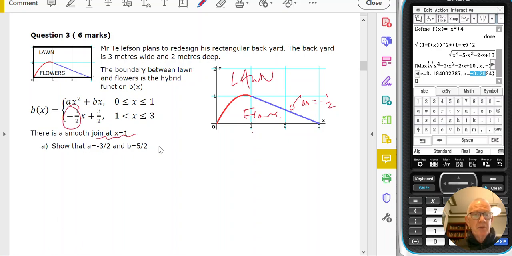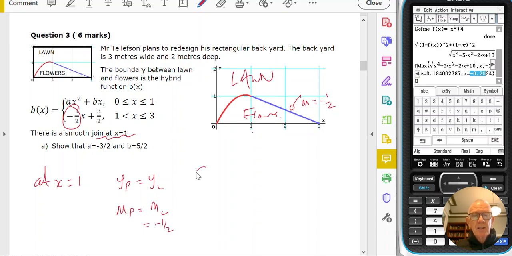So I'm given my answers for a and b, but I could work them out because I know that at x equals 1, the y value of the parabola has to equal the y value of the line. And the gradient of the parabola has to equal the gradient of the line, which also happens to equal negative a half.